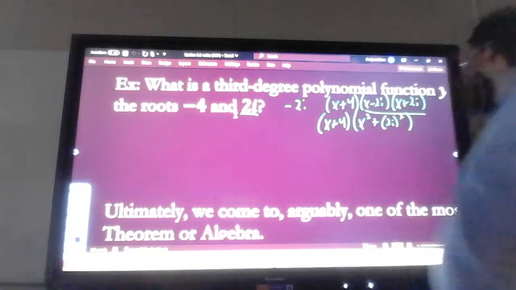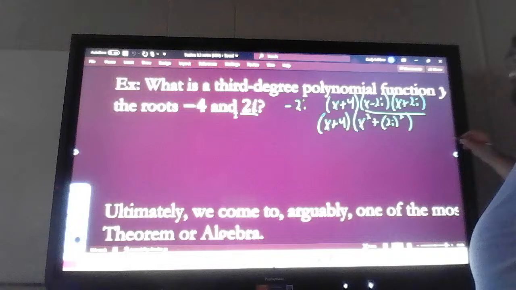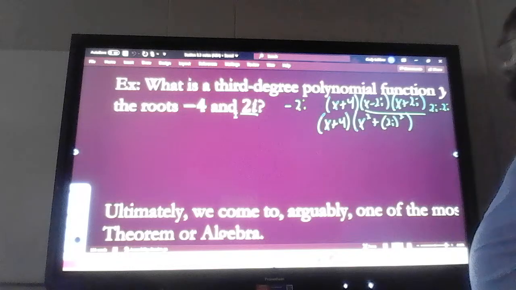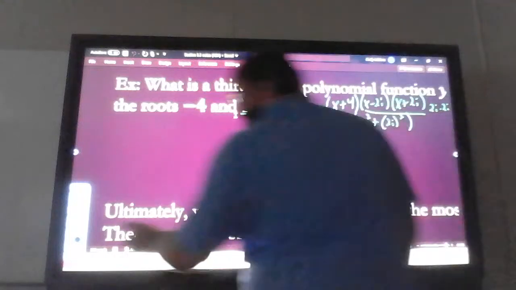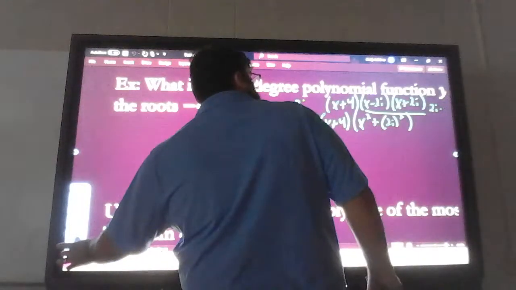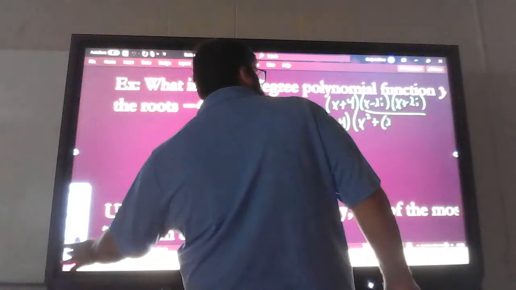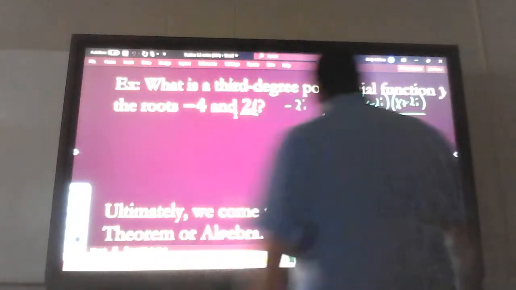Well, what's 2i squared? What's 2i times itself? Well, 2i times 2i, actually, hold on a second. I'm writing this wrong. Let's back up for just a minute here, because this will actually show why it's a sum of squares.